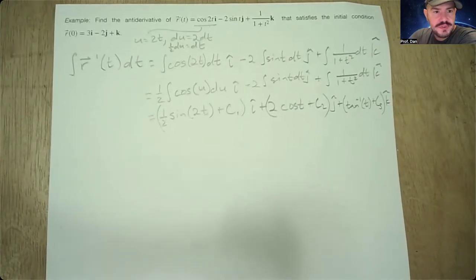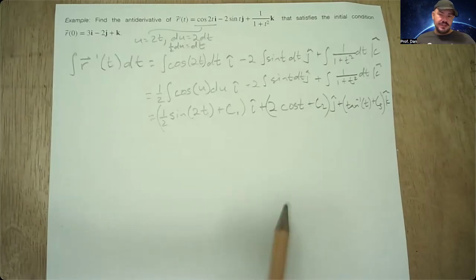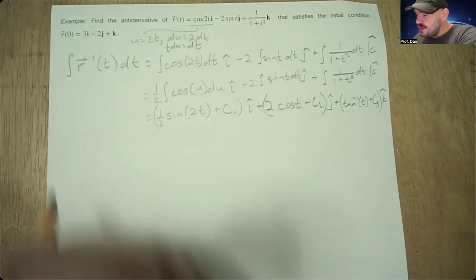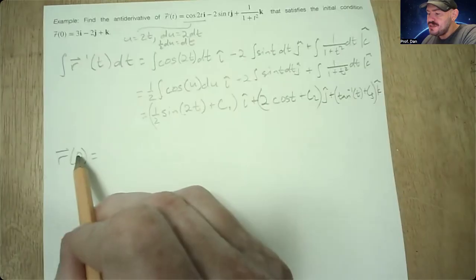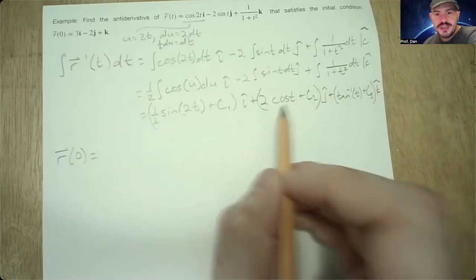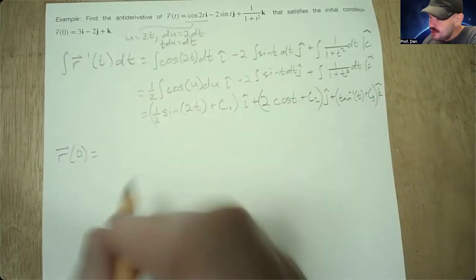All right. So now we have our antiderivative. We need to go back and look at our initial condition. So we know that r of 0 is going to be whatever we get substituting 0 anywhere that we see t in this antiderivative.